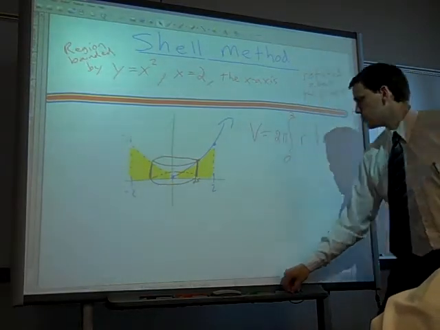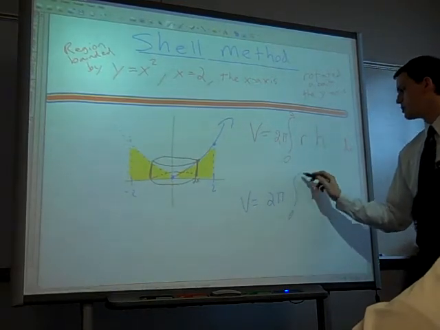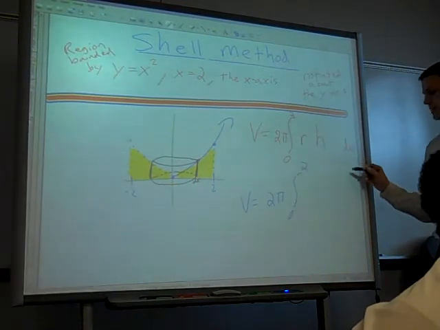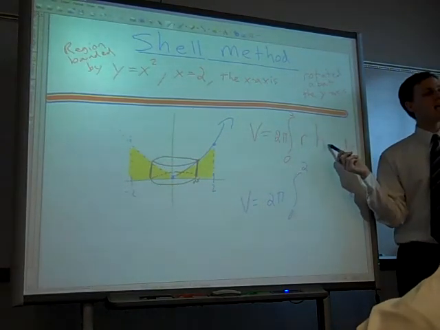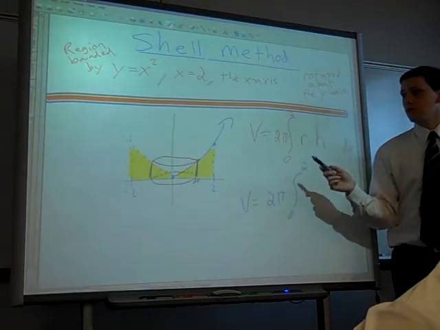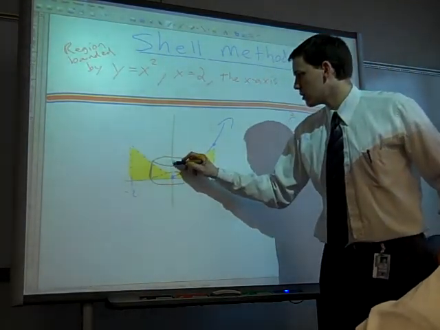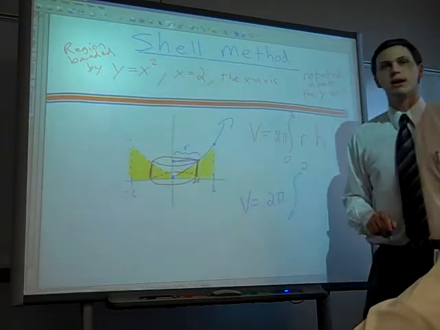Okay, so what we're going to do now is we have volume equals 2 pi, integrate from 0 to 2. This is a dx integral. So we need to write r and h in terms of the variable x. So, let's look at the cylinder. That's r, right? That's my radius.